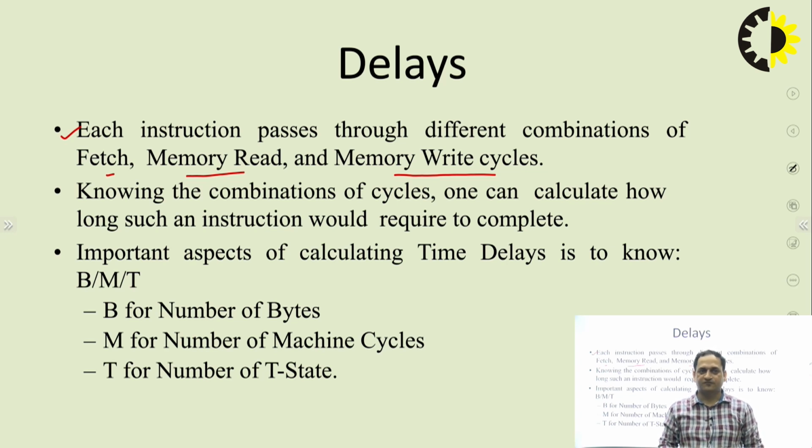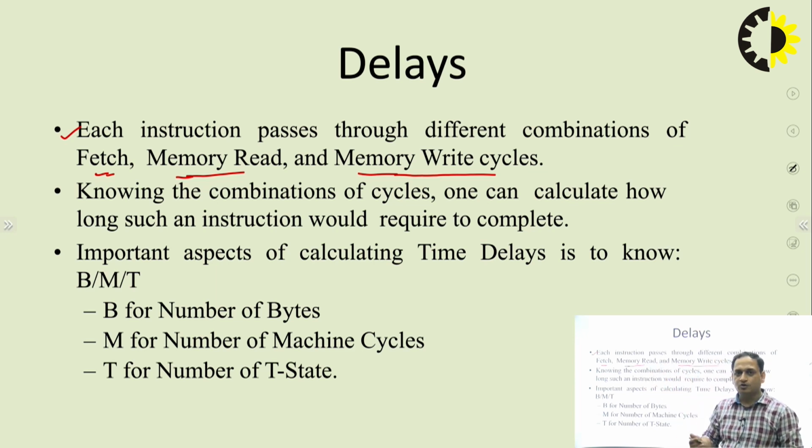The opcode fetch requires 4 T states, memory read requires 3 T states, and memory write operations also require 3 T states. So by these combinations, like fetch and memory read, fetch and memory write, or fetch, memory read and write, we can calculate the number of T states.